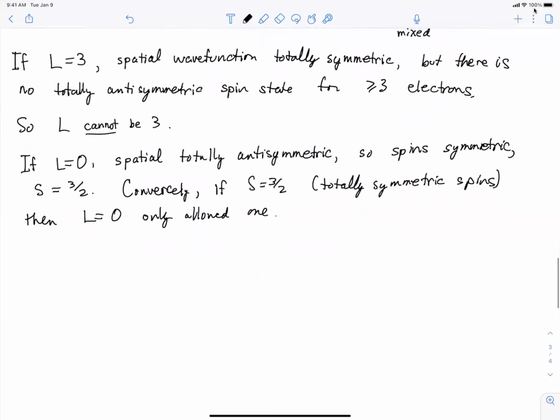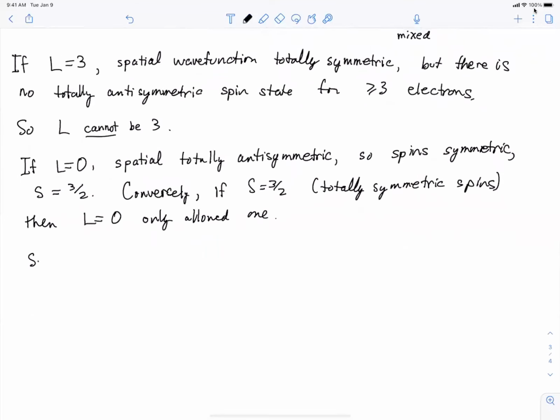Okay, so let's make a table of the things that are possibly allowed. One is L equals 0, S equals 3/2. Okay, and the number of states there is 1 for the L times 4 for spin 3/2, because it's 2 times 3/2 plus 1. So there are 4 states. Remember, we're trying to add up to 20. Another thing we can have is L equals 1, but then S can't be 3/2, so it would have to be 1/2.